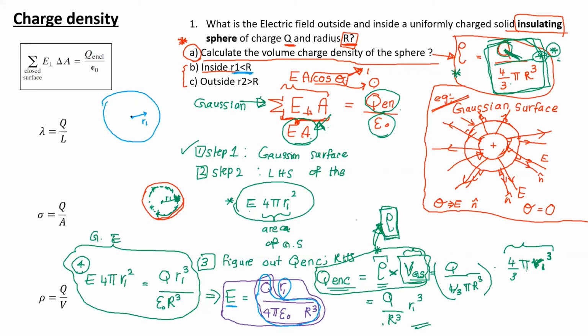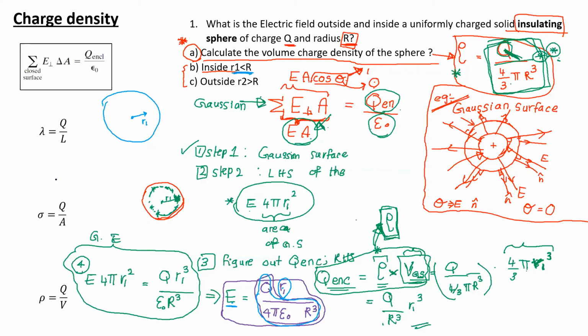When R1 is 0, what is your electric field? Can you put 0 into the equation and see what will happen? Electric field is also 0, right? If R1 was 0, this is also 0. When R1 increases, E is also going to increase.